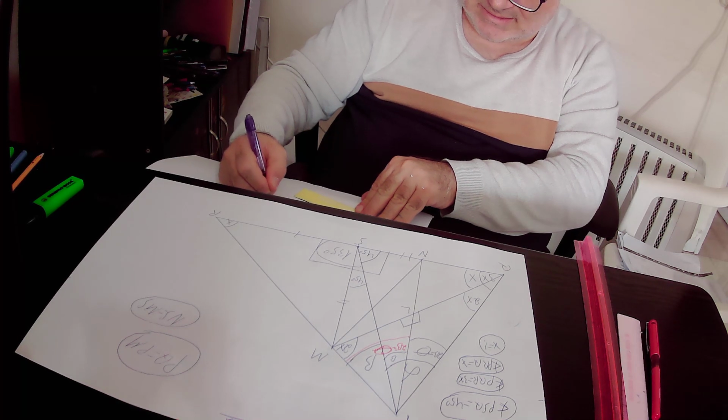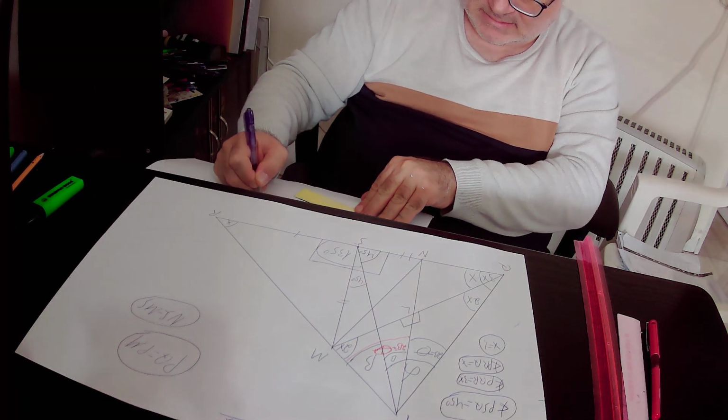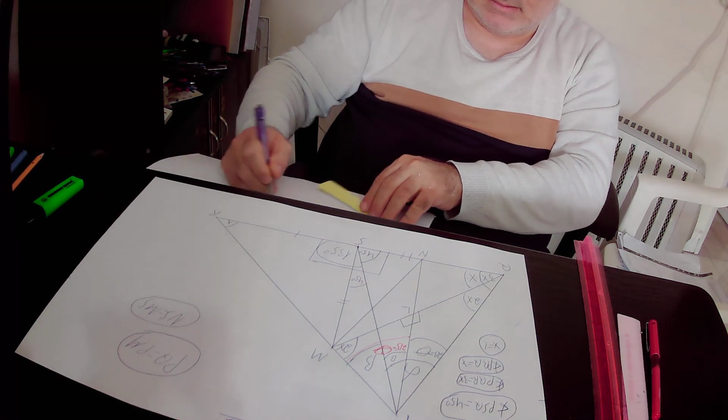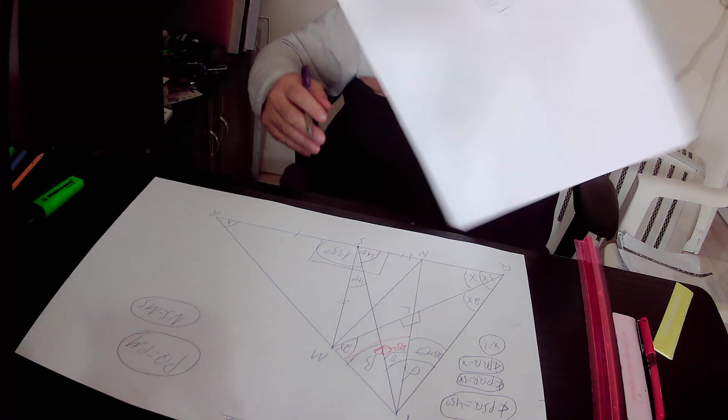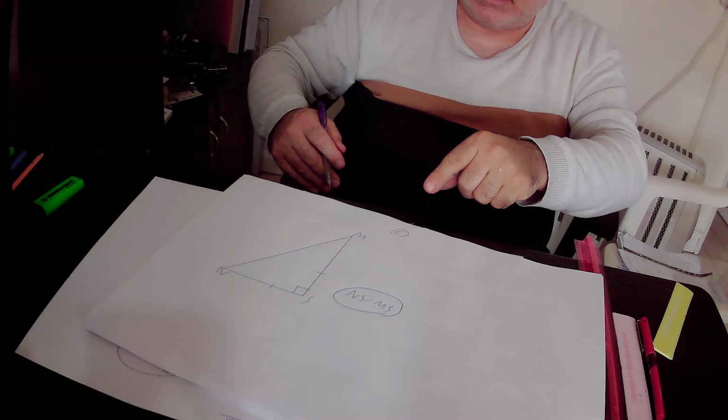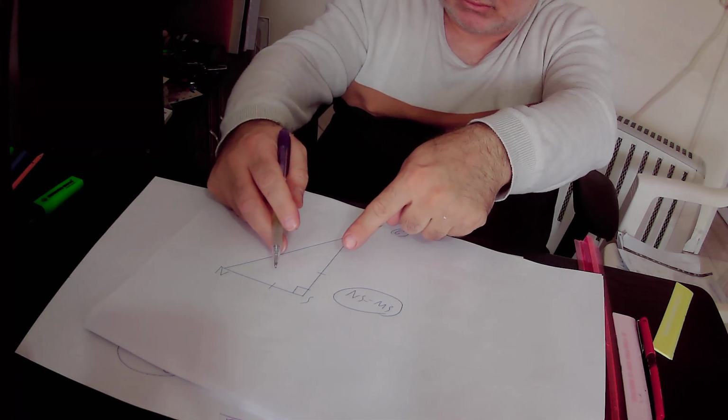So in this right triangle, we know that NS equals MS.